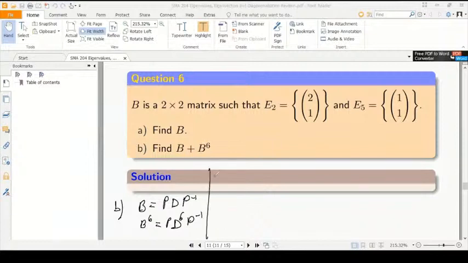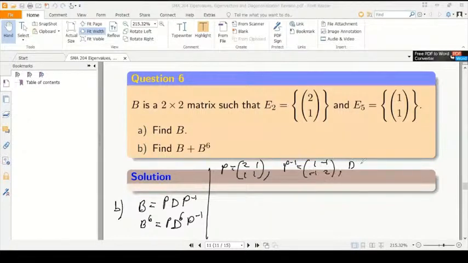So in this example 6, we found from above that matrix P is [2, 1; 1, 1]. We've also found P inverse to be [1, negative 1; negative 1, 2].